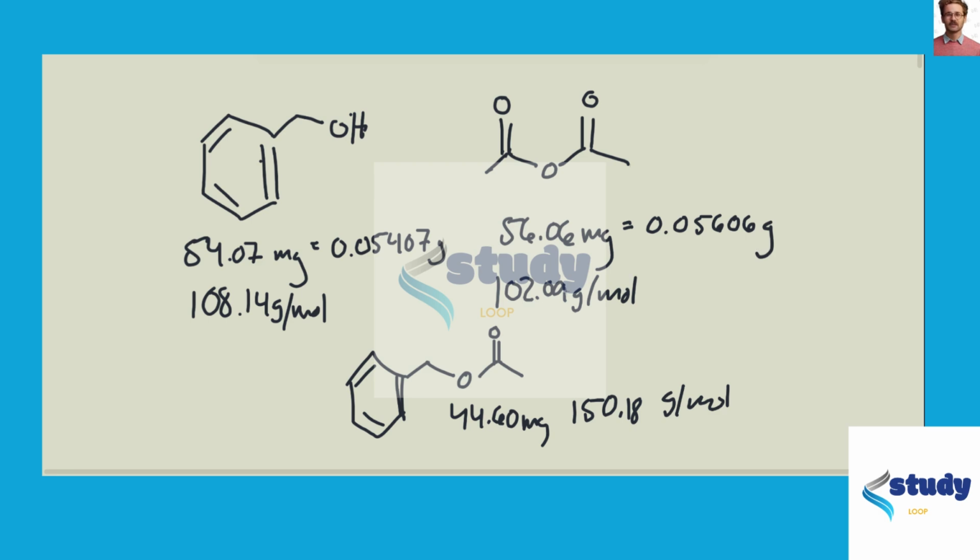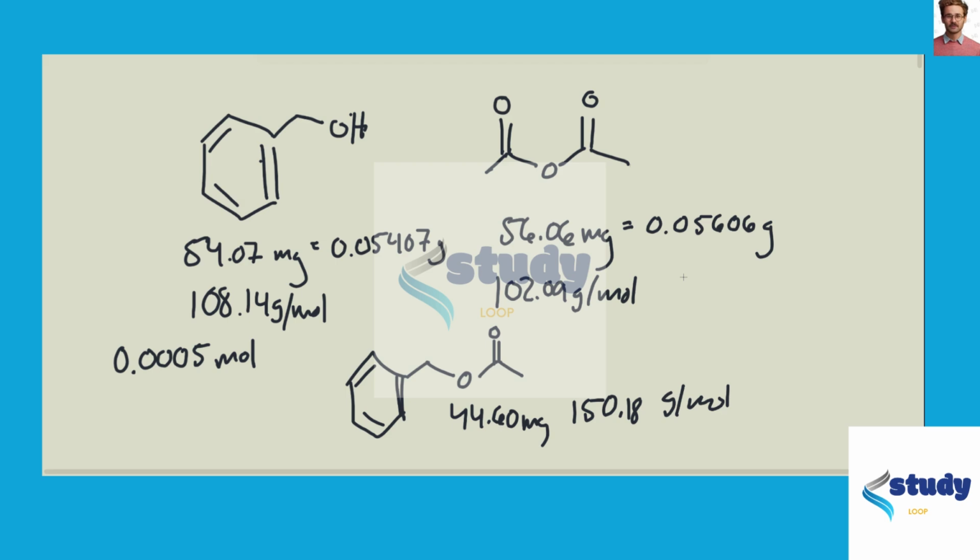Now we can divide by the molecular weight to get the number of moles. So for the initial one, the benzyl alcohol, 0.05407 divided by 108.14, and I get 0.0005 moles. Right, so half a millimole, if you will.